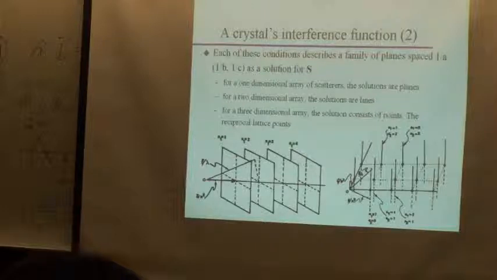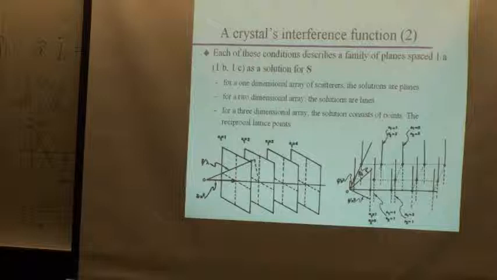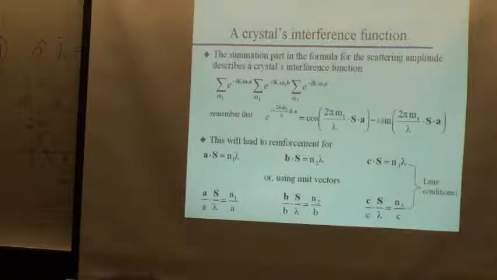Basically, when you multiply these two vectors, any point that happens to fulfill this, which means any direction of this vector, will be a solution. And that gives you a plane, right? You can move things around here. Because this is the projection of one vector onto the other, the way it is written. So you get this series of planes spaced 1 over a apart. Each of these planes is a solution for this very first condition, okay?